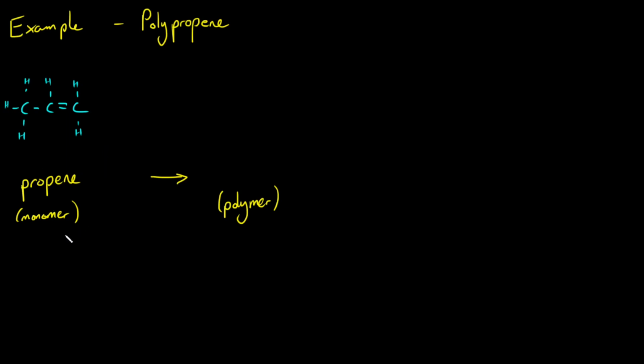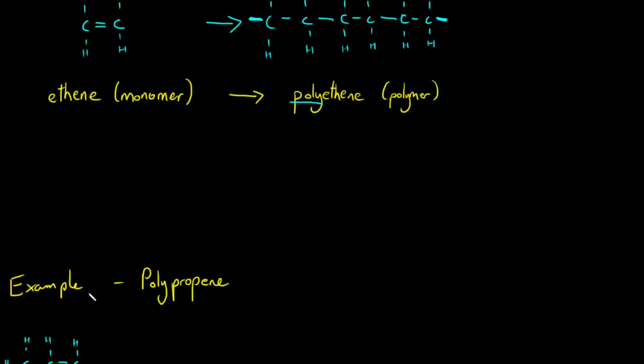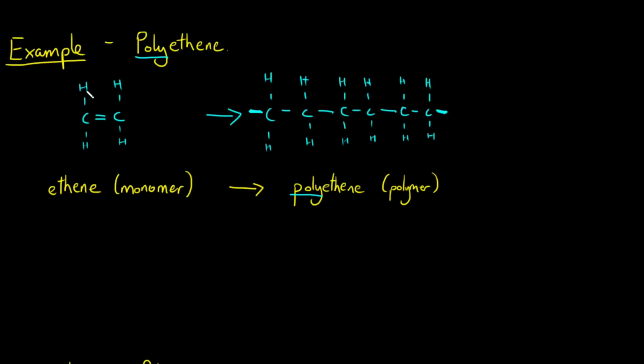However, when we're drawing monomers and wanting to add them together, I think it's always a lot easier to try and draw it like an H, if that makes sense, where the middle of the H is our carbon to carbon double bond. So if we looked at the example that we did previously, where I had my ethene, that kind of looks like an H already, which is quite nice. If you draw ethene, it's the way it's going to look.